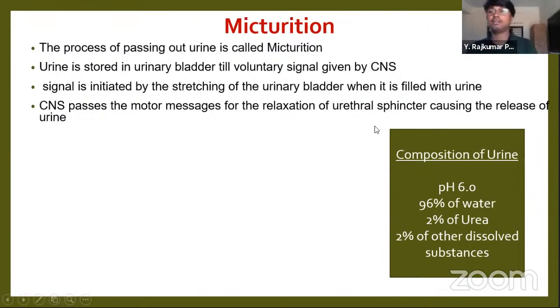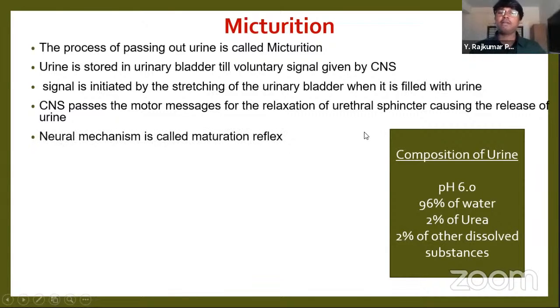The pudendal somatic motor nerve is used for this signal to pass from the CNS to the urinary bladder. The neural mechanism involved in the micturition process is called the micturition reflex, because it happens in just seconds, isn't it?